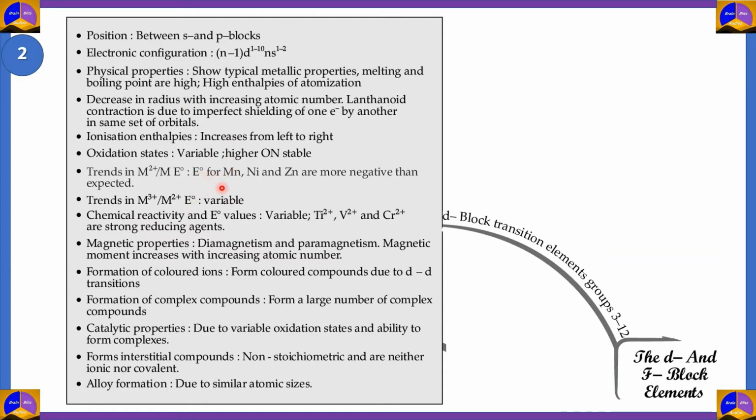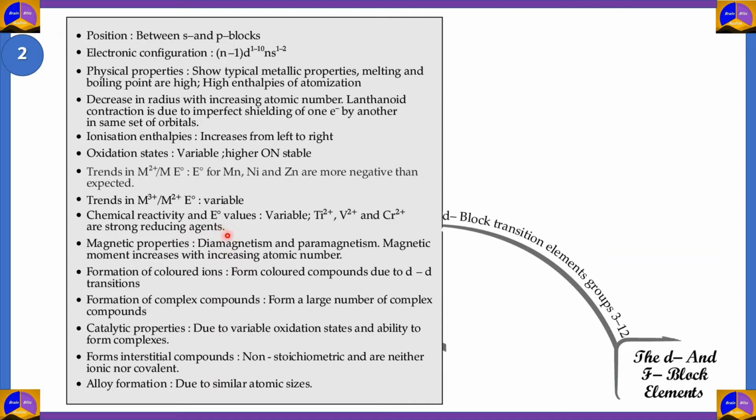So these are some of the physical properties. Next, we're looking at chemical reactivity, and standard electrode potential values. The reactivity of D block transition elements is variable and they form several oxidation states. So for example, Ti2+, V2+, Cr2+, etc. in terms of chemical reactivity are strong reducing agents.